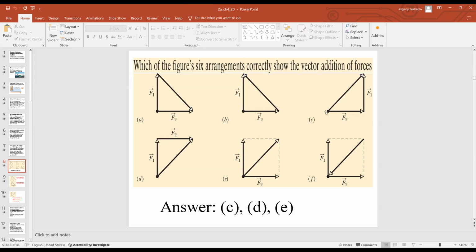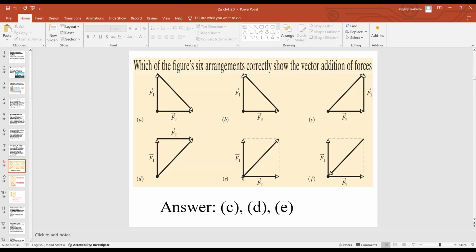Option C is good. It's your triangular method. Second vector plus the first vector, that's the vector sum. That's the correct triangular method. Option D, also good triangular method. First vector plus the second vector, that's the vector sum. Option E, that's the correct way to do parallelogram method.